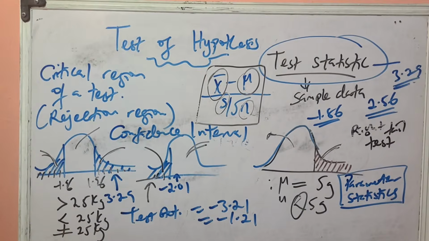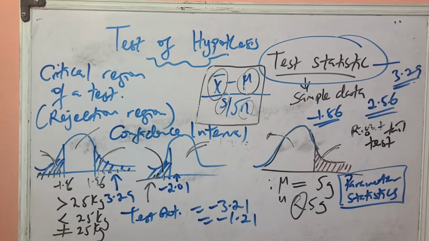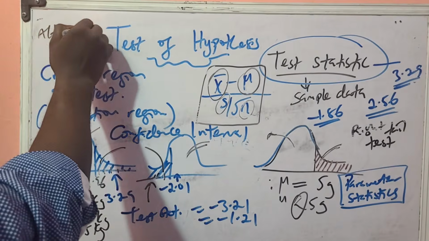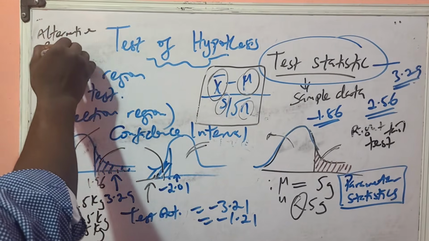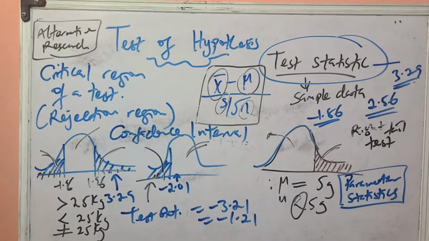Now, I used a different name to term the alternative hypothesis. So, of course, you can note that another name for the alternative hypothesis is the research hypothesis. They are the same. So, whichever one you see, it means the same thing.